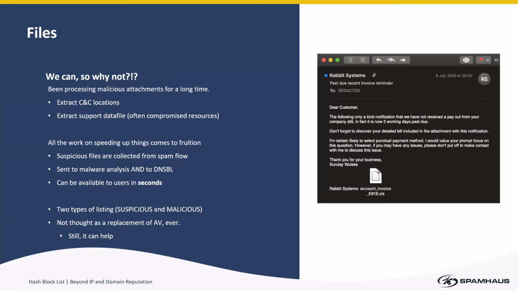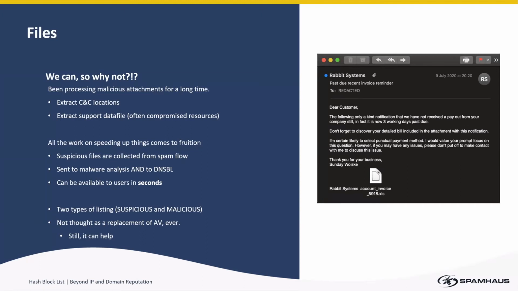We run them in sandboxing infrastructure. We do static and dynamic analysis on this type of files and the malware that they end up downloading. This is something that we have been doing for a long, long time. This is how we extract the location for the command and control servers that end up listed in the BCL and the SPL.